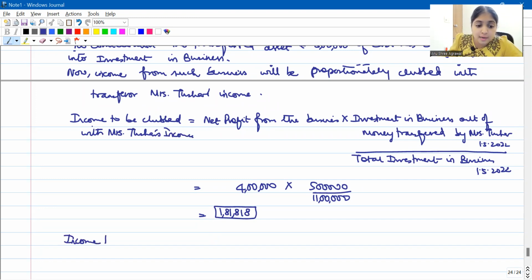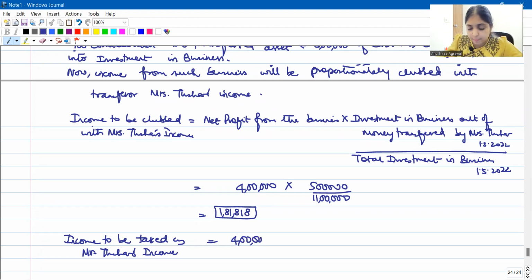What about the income to be taxed as Mr. Tushar's income? The balance. Total net profit is 4 lakhs. Out of this, 1,81,818 we are clubbing. So how much balance are we left with? We are left with 2,18,182.